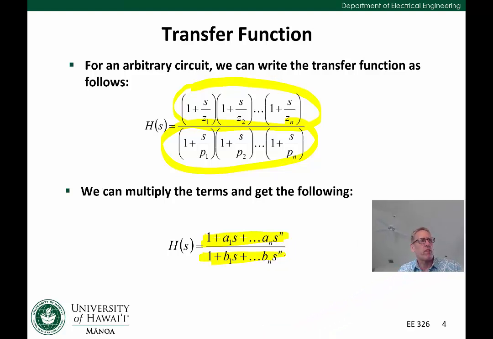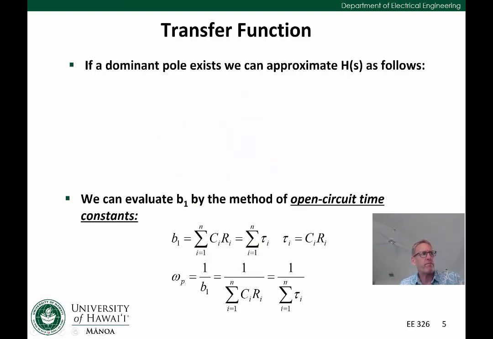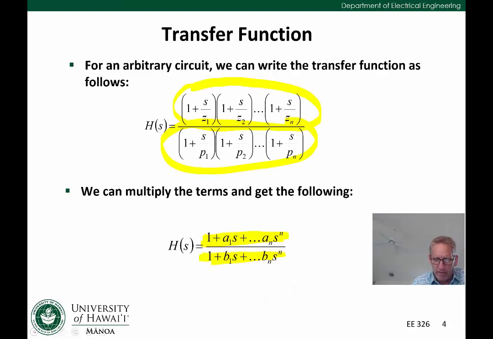But there's an interesting result here: if a dominant pole exists, then we can approximate H of s. Going back to the equation for H of s, let's assume there's a dominant pole, and let's assume, for the sake of this discussion, that the zeros are much higher frequency.